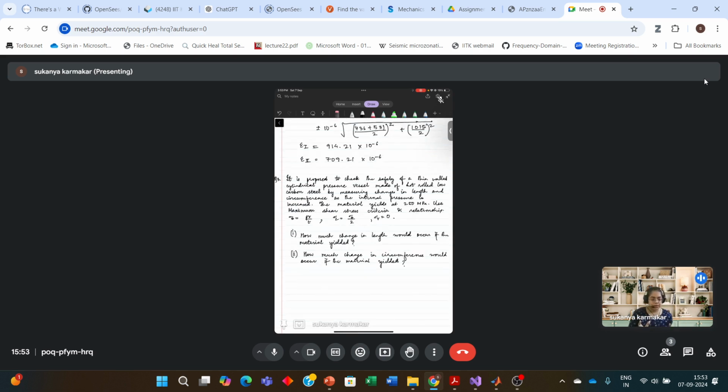Basically, there is a thin pressure vessel, and because of the internal pressure, there is a change in the length and circumference. The material starts to yield at 250 MPa, and using the maximum shear stress criteria, we have to calculate how much is the change in length and the circumference when the material starts yielding.